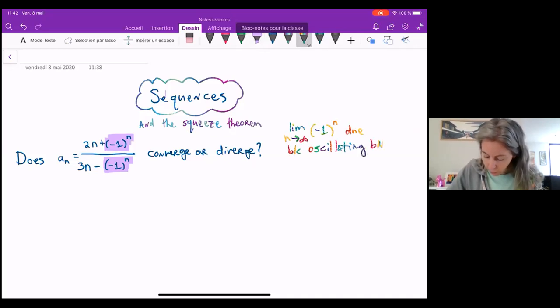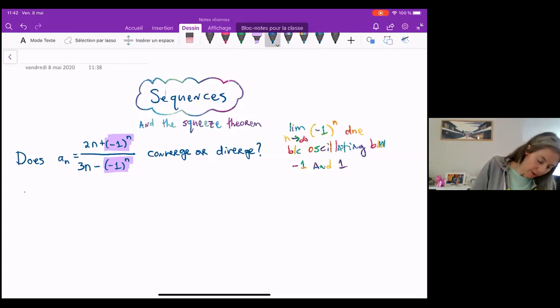So this actually fits perfectly the idea that we have for using the squeeze theorem. That limit doesn't exist, but because it's oscillating between -1 and 1, it is bounded: on the bottom by -1 and on the top by 1. That said, it shows up twice in this thing.